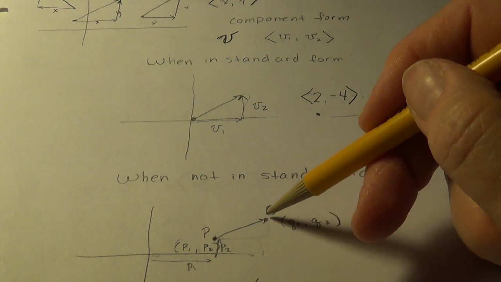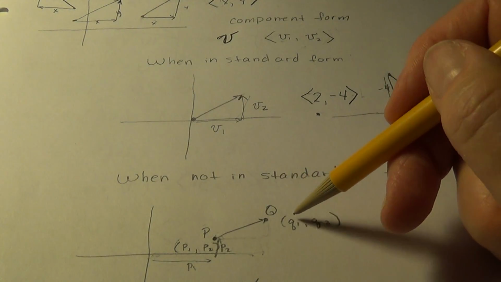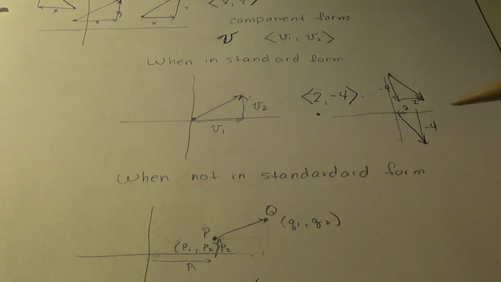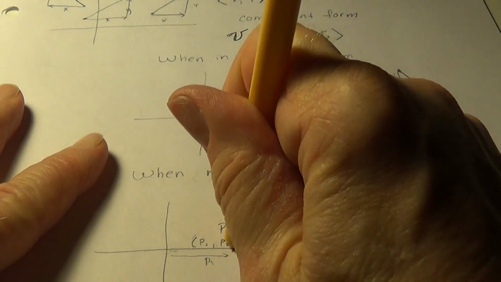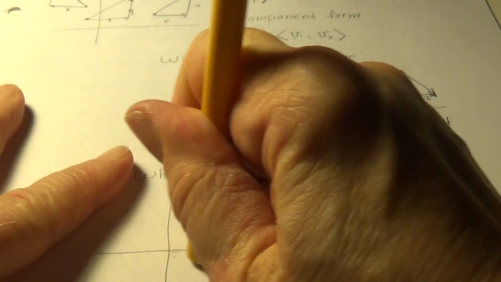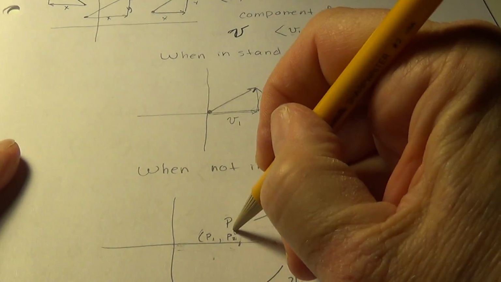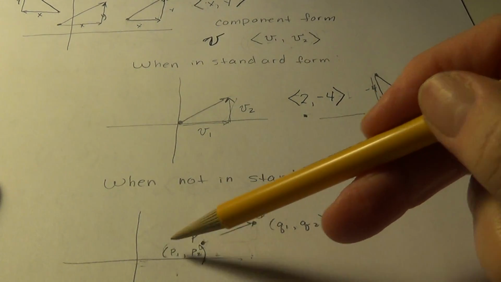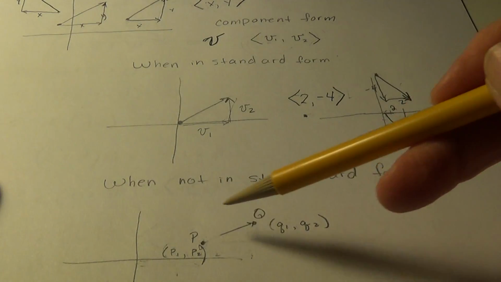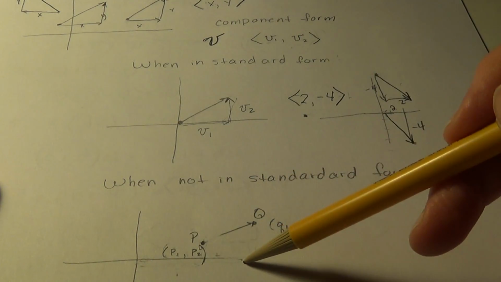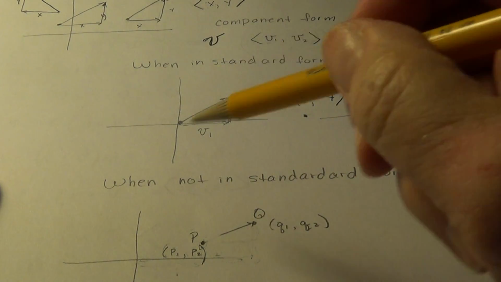Its position on the coordinate plane is Q1, comma Q2. All right, so let me remove this so it's not so cluttered. All right. So I think everyone knows this is the X, that's the Y to get to here. This is the X, this is the Y to get to there.